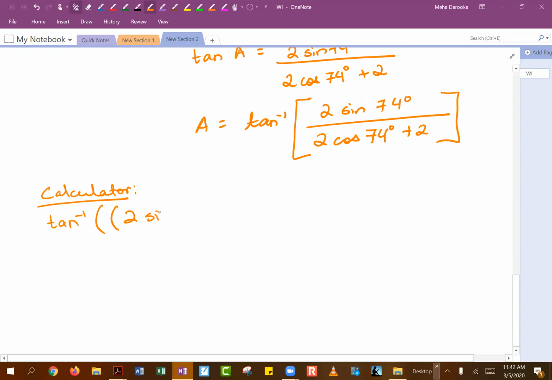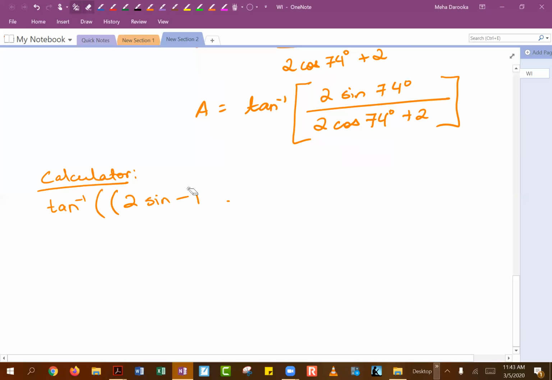Do 2 times sine of 74, because sine opens up its own parentheses, so that's 74, close, then divide by, open parentheses again, and this is if you want to try to do it all in one step: 2 cosine of 74.